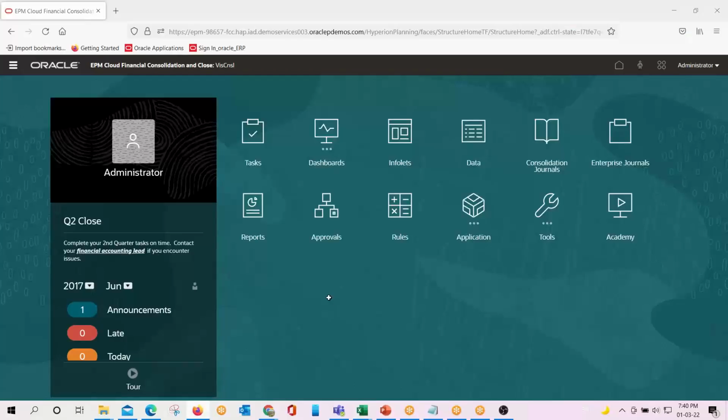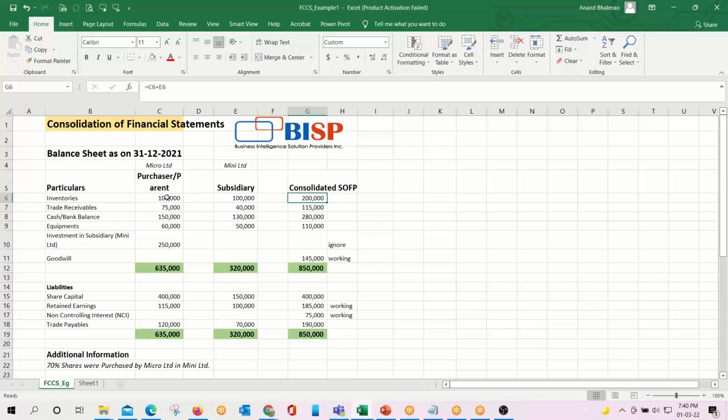We just need to define and load, or insert, the figures, the trial balance of parent and subsidiaries, into the application, which we will see in our next session. The application then provides us these figures, 8,50,000 and 8,50,000.